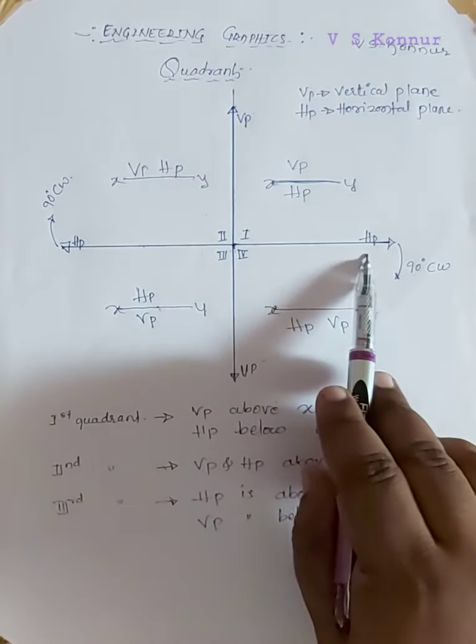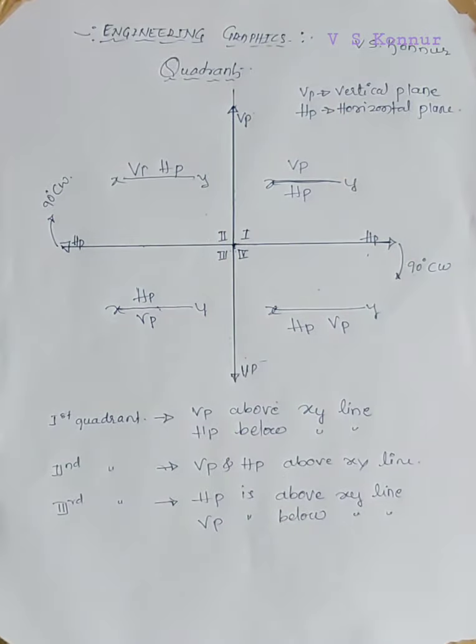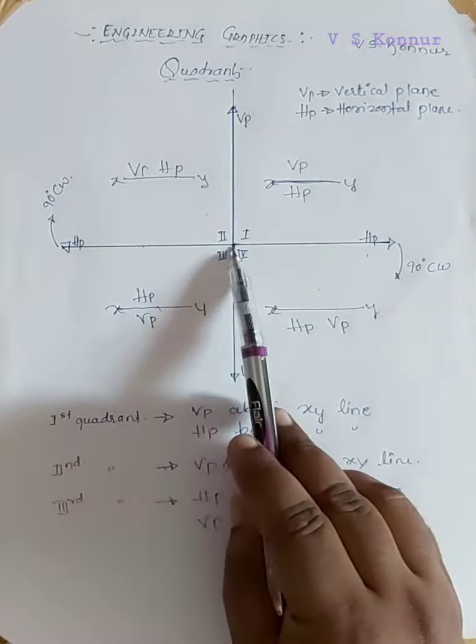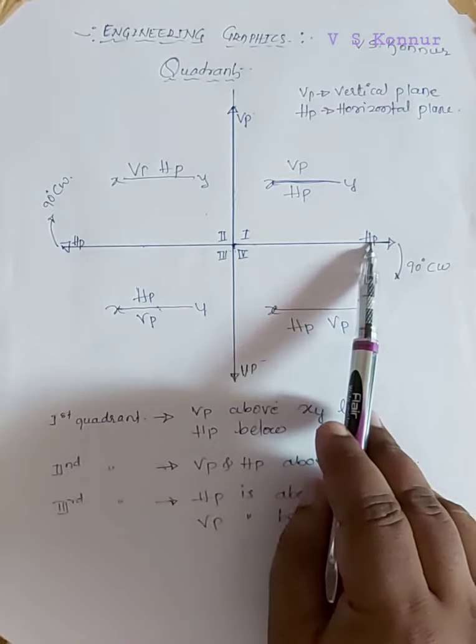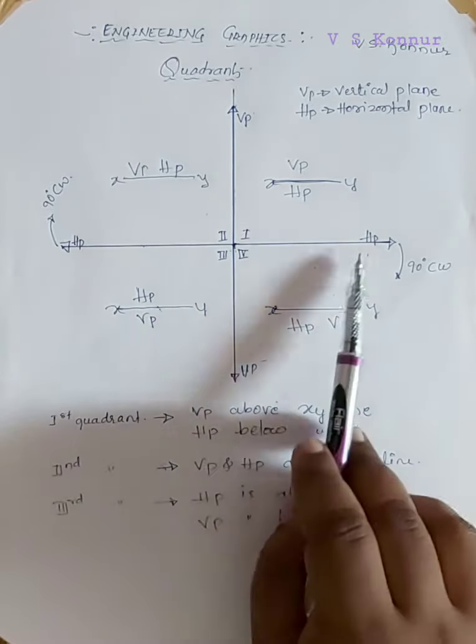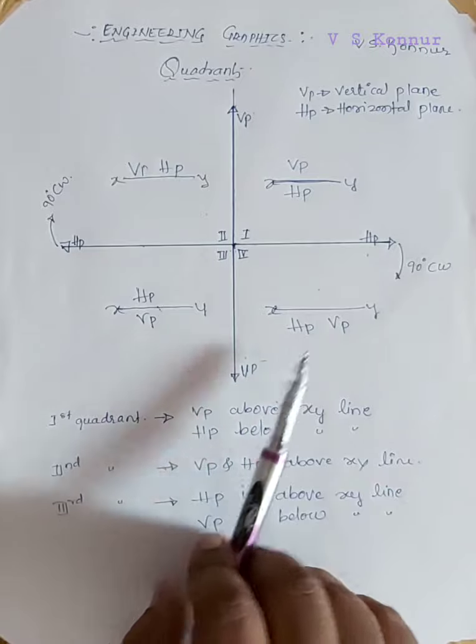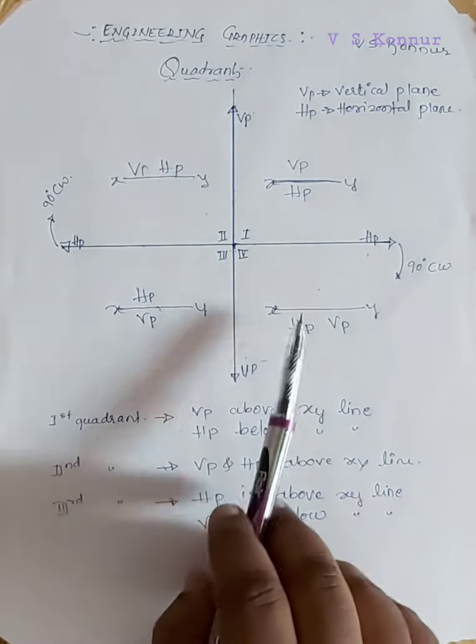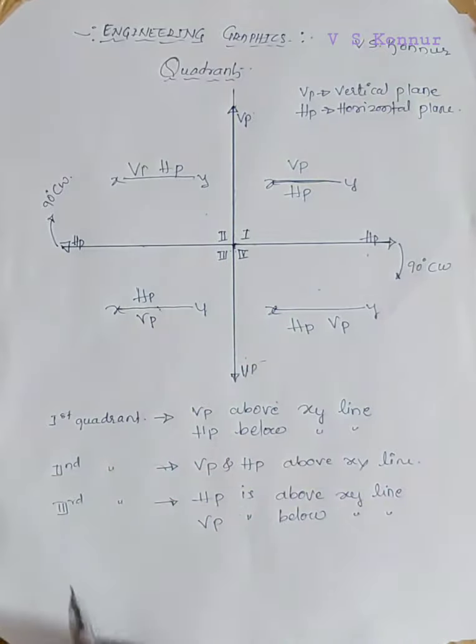Because of rotation of 90 degree of HP, HP and VP remain below XY line. This is the fourth quadrant.